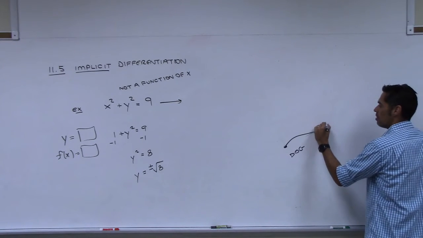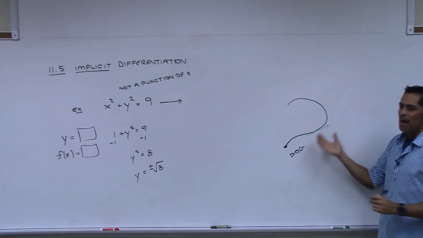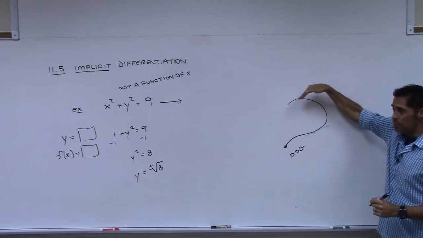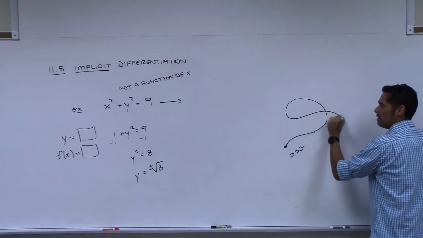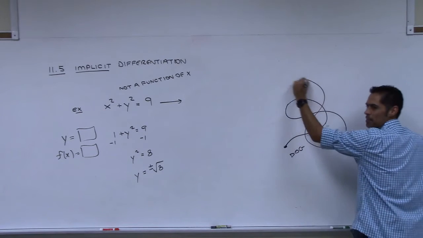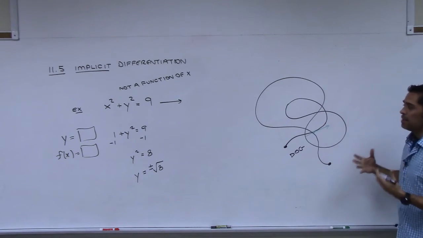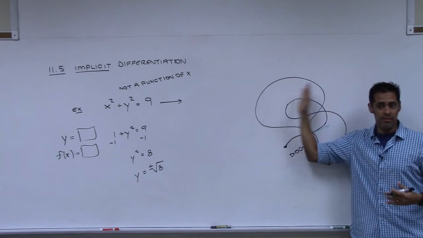So if the dog starts doing this, I've run into an issue because this graph is no longer a function. Do y'all see that? But this dog still has directions at all these points. And there's nothing that tells the dog that they have to follow some given path. They can do anything they want, right? And so I need to be able to find slopes of tangent lines for things that are not functions. Got it?